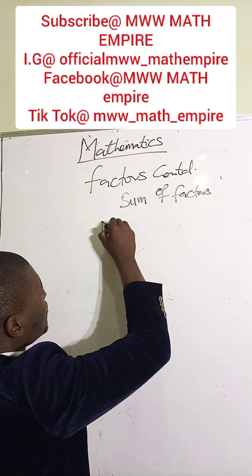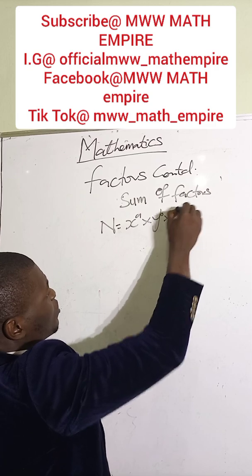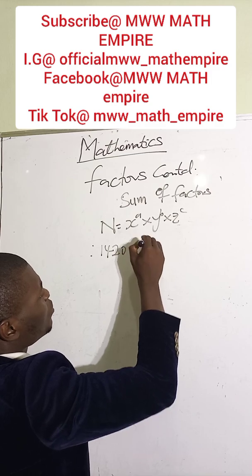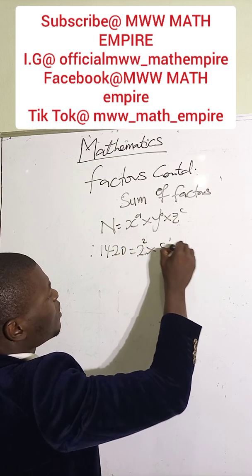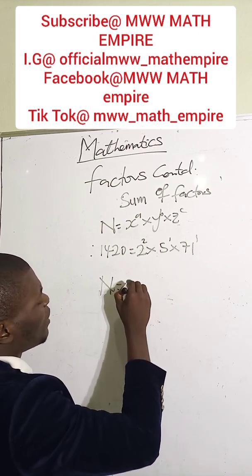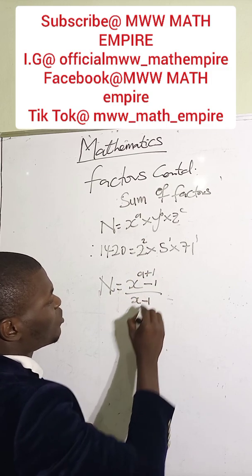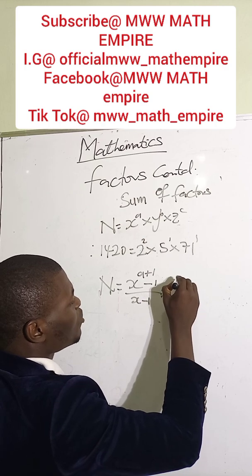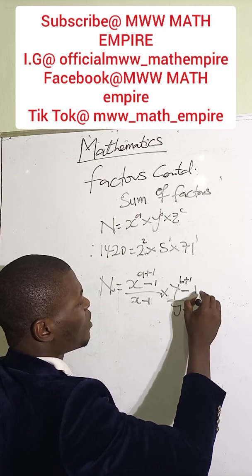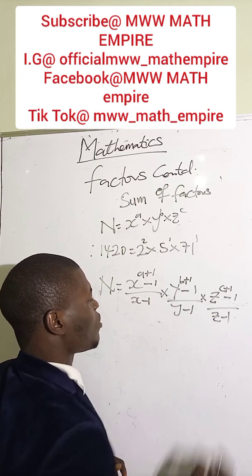Still having our n equal to x raised to the power of a multiplied by y raised to the power of b multiplied by z raised to the power of c, such that 1420 will now be equal to 2 raised to the power of 2 multiplied by 5 raised to the power of 1 multiplied by 71 raised to the power of 1. And for the sum of factors, look at the formula: x raised to the power of a plus 1 minus 1 all over x minus 1, multiplied by y raised to the power of b plus 1 minus 1 all over y minus 1, multiplied by z raised to the power of c plus 1 minus 1 all over z minus 1.